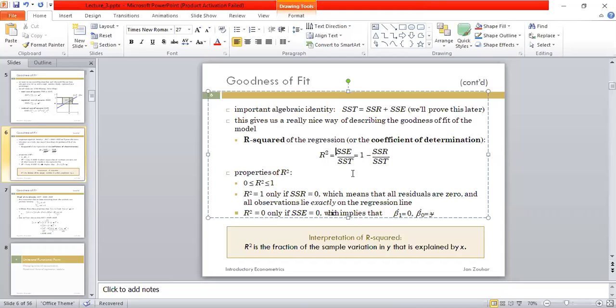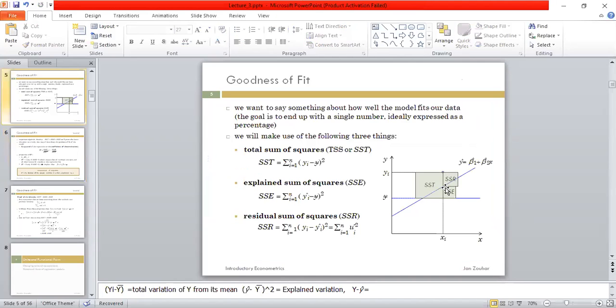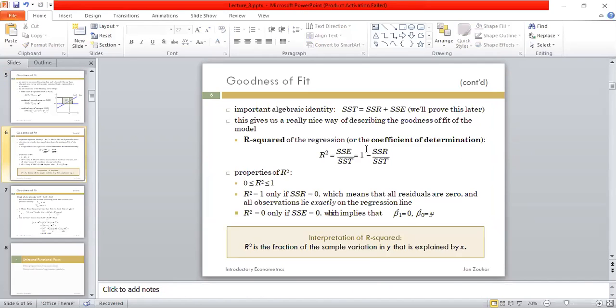Now we know what R square is. R square is basically a ratio of explained variation and total variation. Explained part divided by total. ESS divided by TSS is the R square.